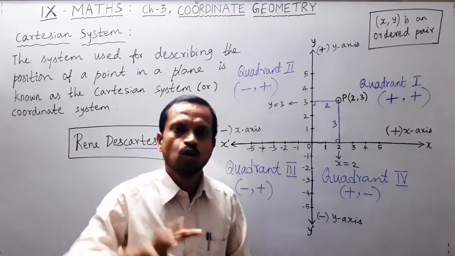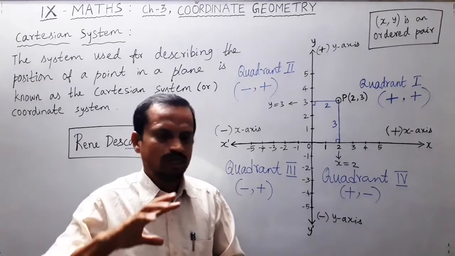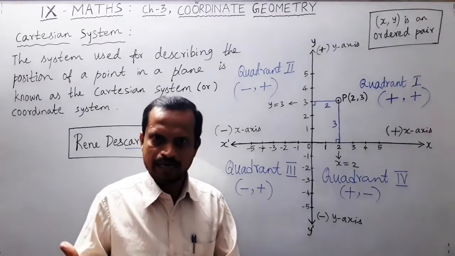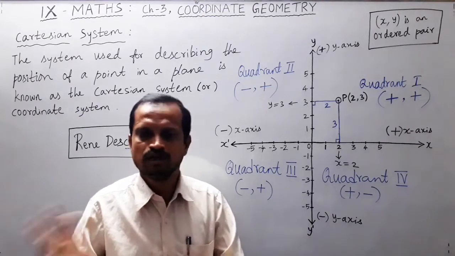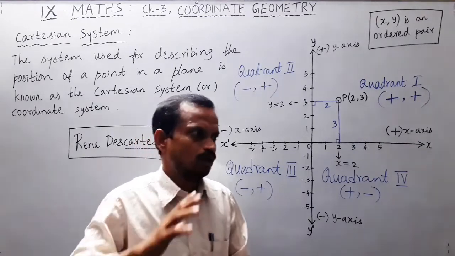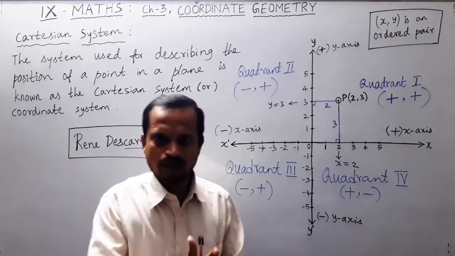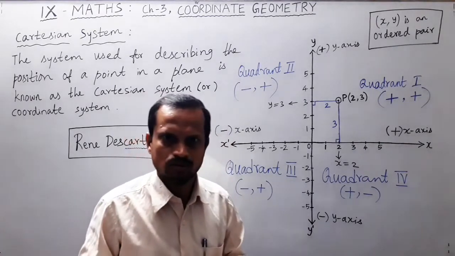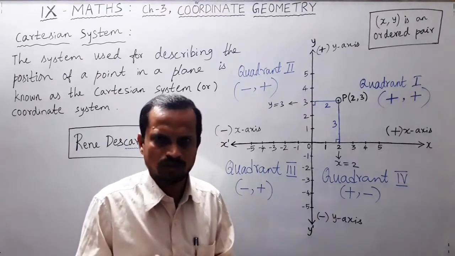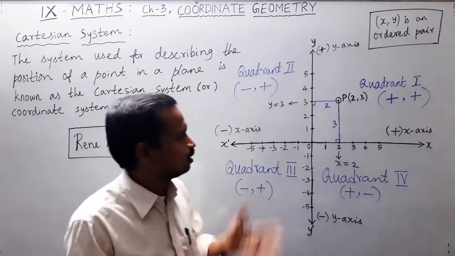But coordinate geometry also deals with measuring a line, the distance from point to point. Geometry means measuring in the plane. Geo refers to the earth, but here it is the plane.